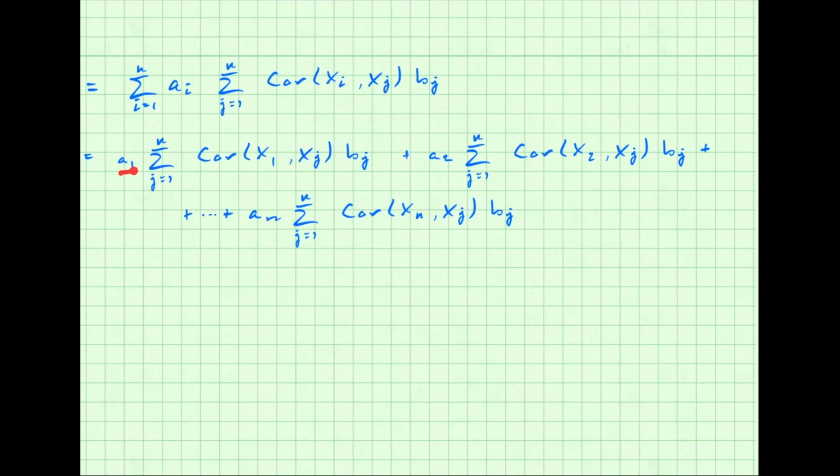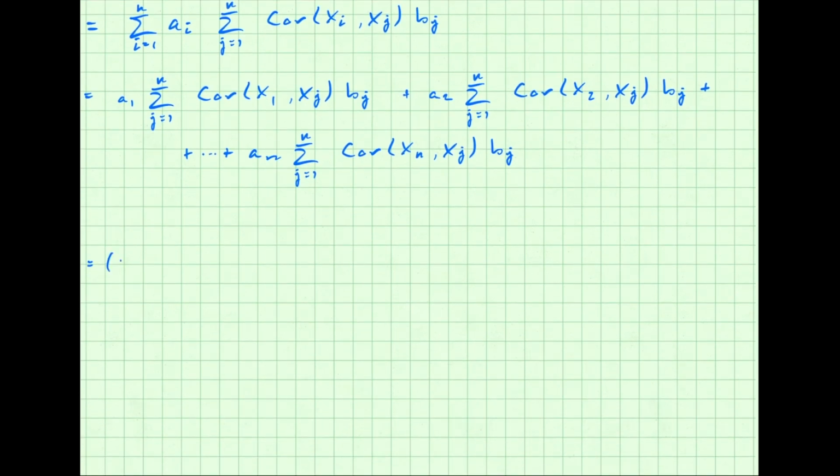So here's a1, a2, an, and here's component 1 of some vector, component 2 of some vector, and component n of some vector. And so we can write that in really hideously long form as a1, a2, an, which is the transpose of the column vector a, multiplied by, sorry about that.